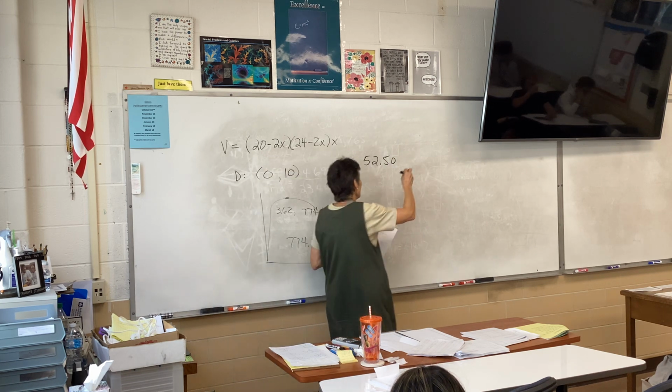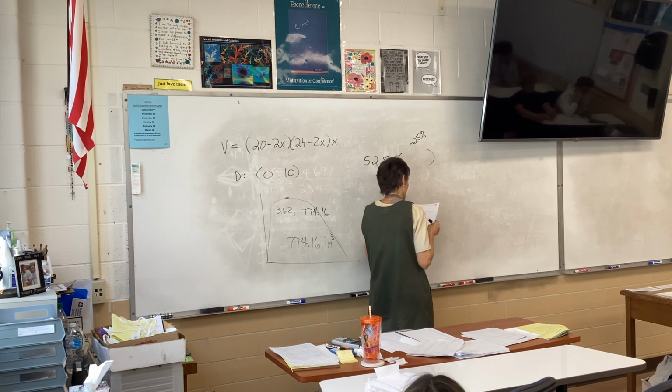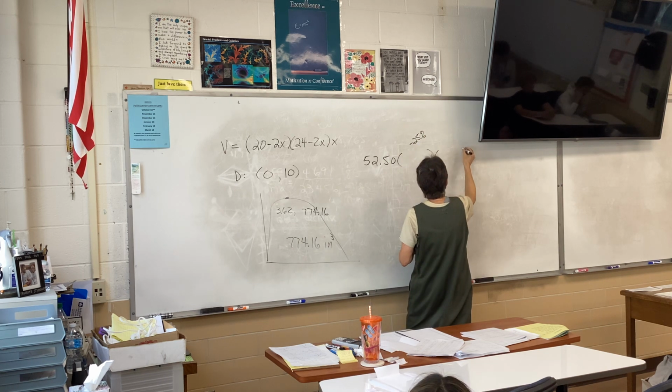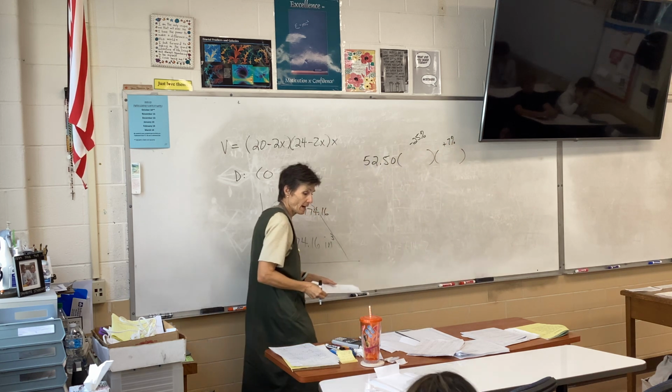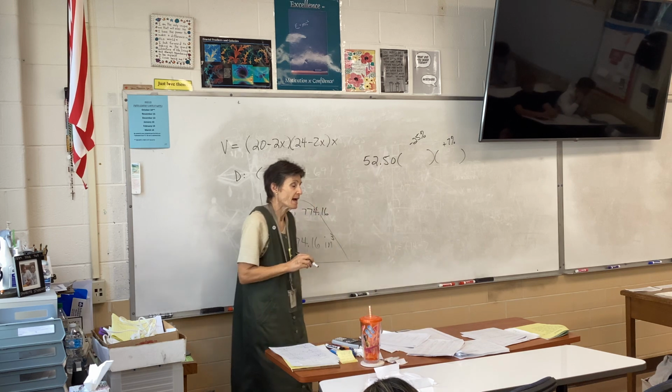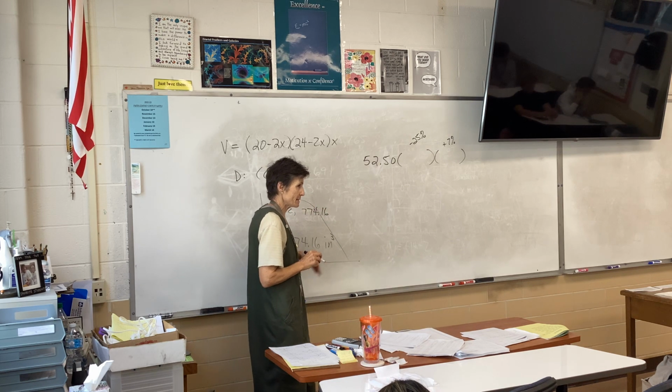It's on sale for 25% off, and there is a 7% tax. So we're going to try to figure out how much it's going to cost us at the cash register. So think about what we talked about yesterday.